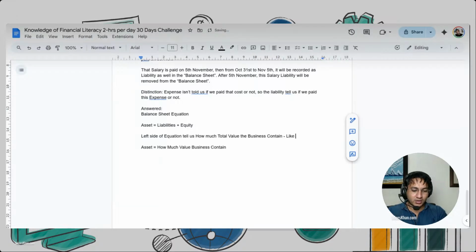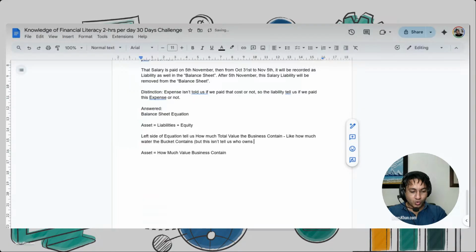Like how much water the bucket contains. But this doesn't tell us who owns the water which is in the bucket.